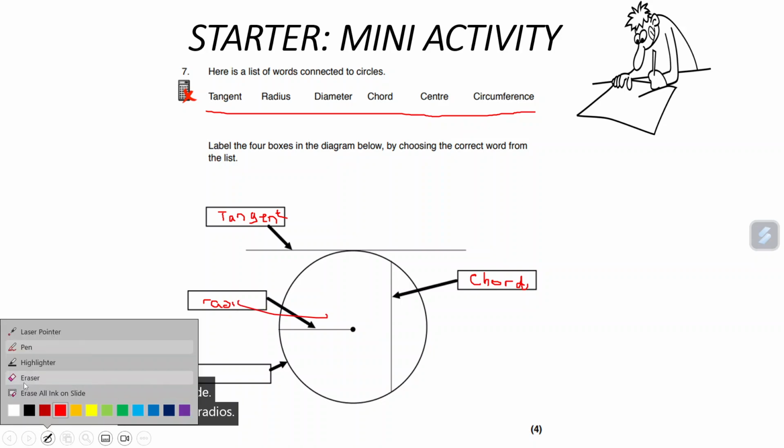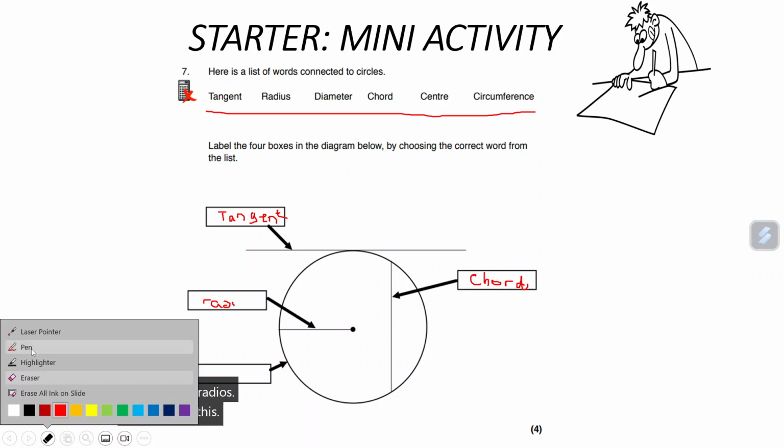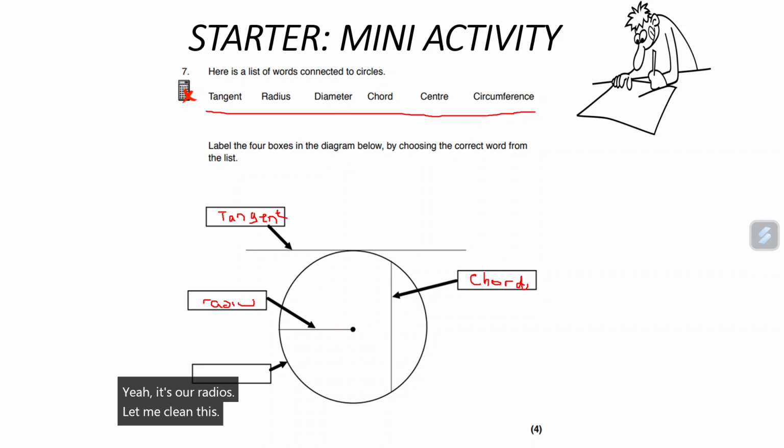Oh, let me clean this. Radius. And this is our circumference. Circumference.